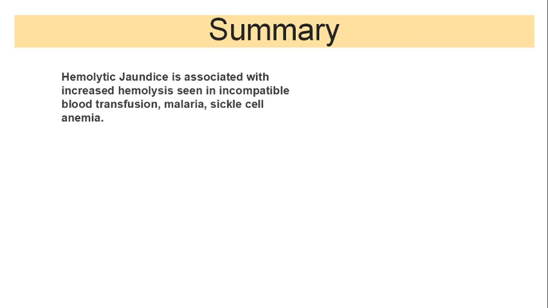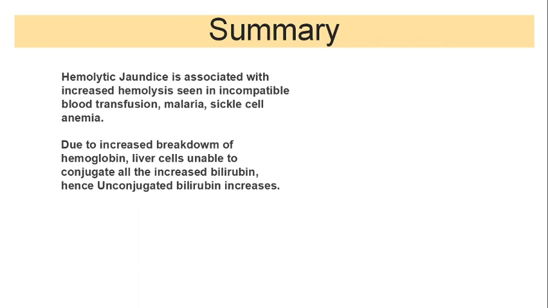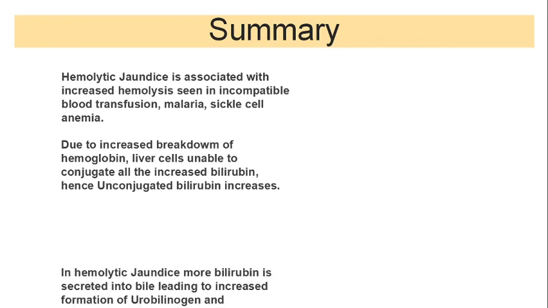So we can summarize that hemolytic jaundice is associated with increased hemolysis seen in incompatible blood transfusion, malaria, and sickle cell anemia. Due to increased breakdown of hemoglobin, liver cells are unable to conjugate all the increased bilirubin, hence unconjugated bilirubin increases.